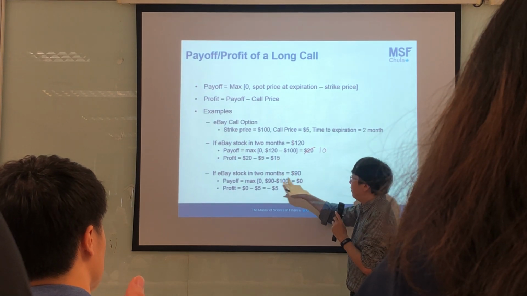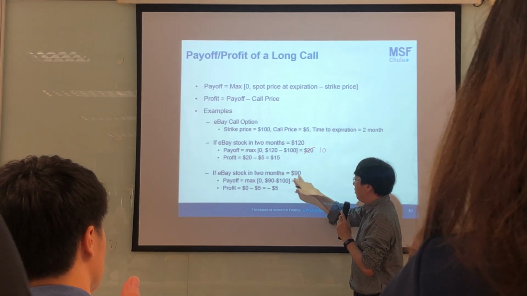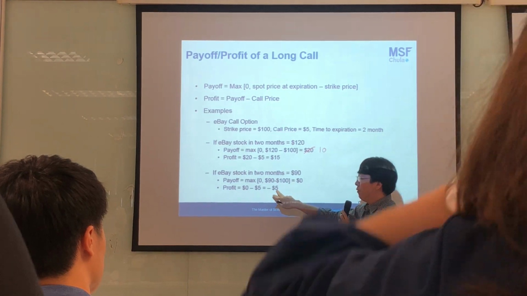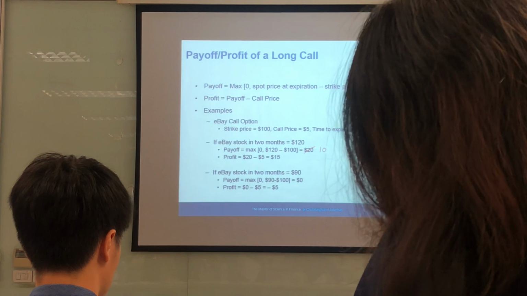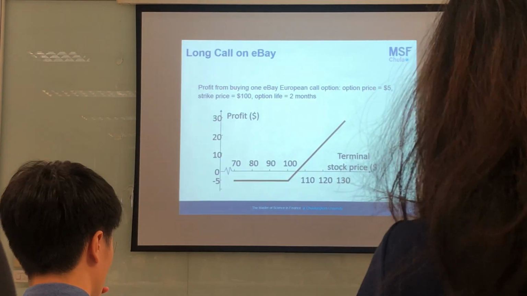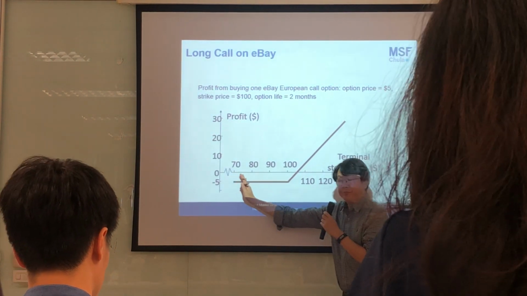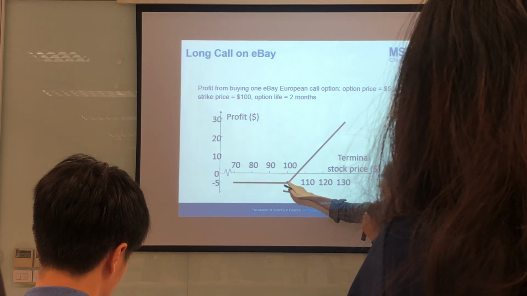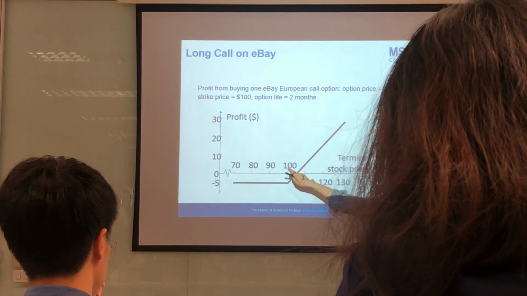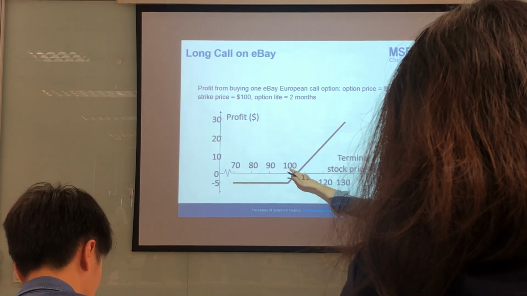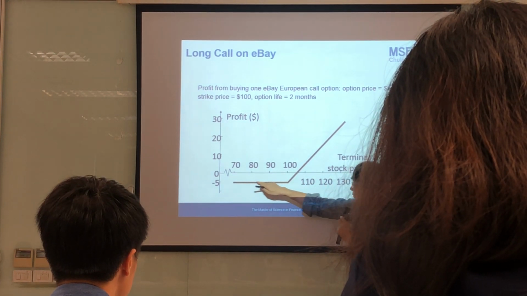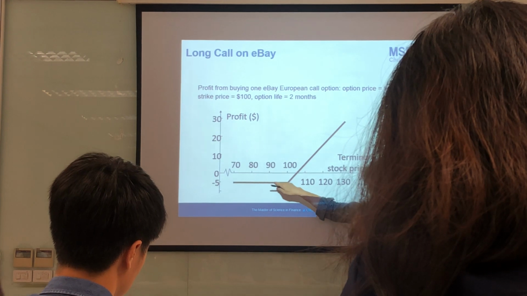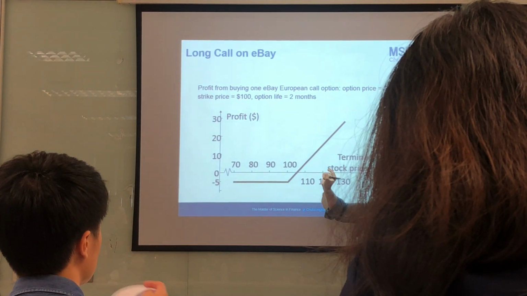If the market price of eBay equals 90, the net profit is minus 5. So in this graph, if the stock price is lower than 100, the exercise price, or strike price, you have a loss equal to minus 5, the call price.